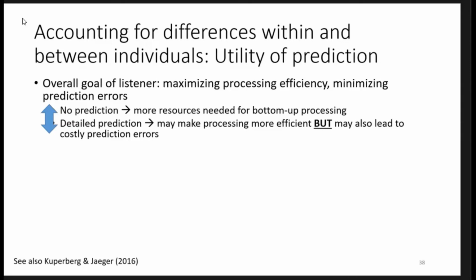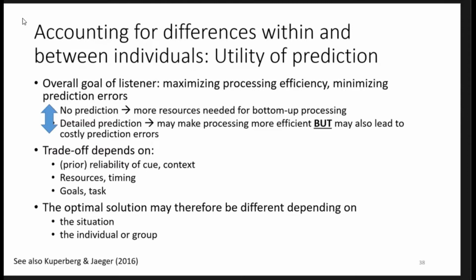And what you do as a listener, and this is pretty much implicit, is trade off the reliability of your cue, your context, your resources, your timing, your goals and tasks to come up with the optimal solution. So in case of an L2 speaker, if it takes a lot of effort to process things, you're lagging behind in time, you're lagging behind in resources. Well, let's go with the most reliable cues that we have.